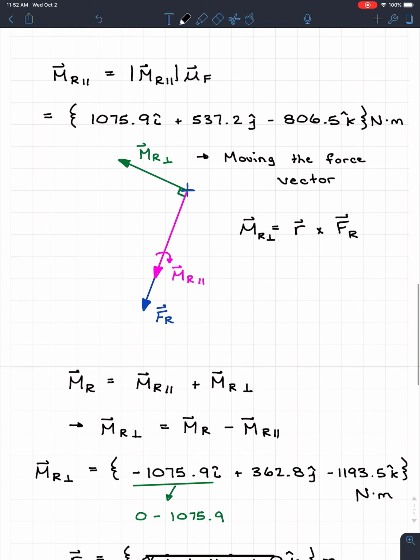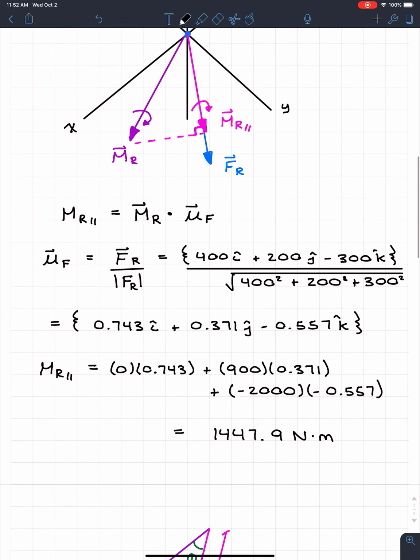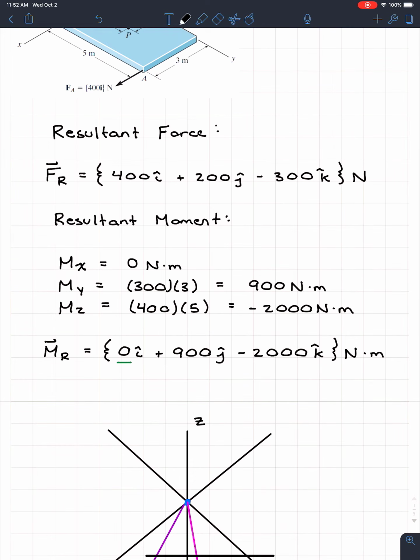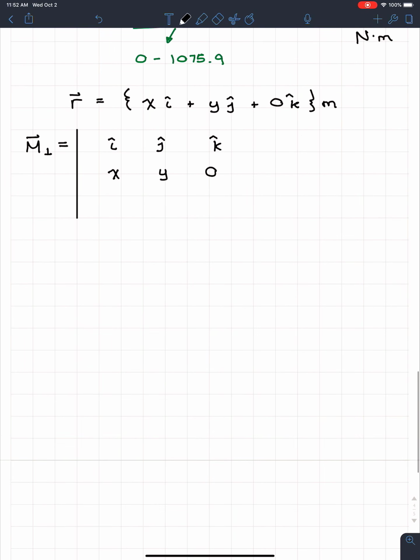And we're going to finish it off with the force vector, which, if we go all the way to the top here, is 400, 200, and negative 300. So we put this down, and then we can start solving this using the cross product.